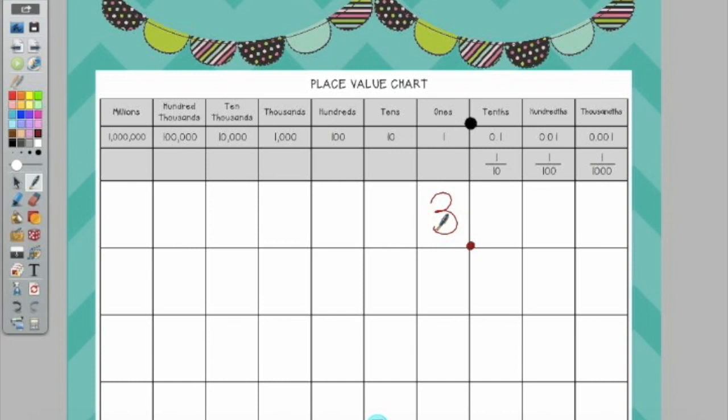Your whole numbers are going to be on the left side of the decimal. Now, what's the rest of it? Read it on your paper. 946 thousandths. So 3 and 946 thousandths.